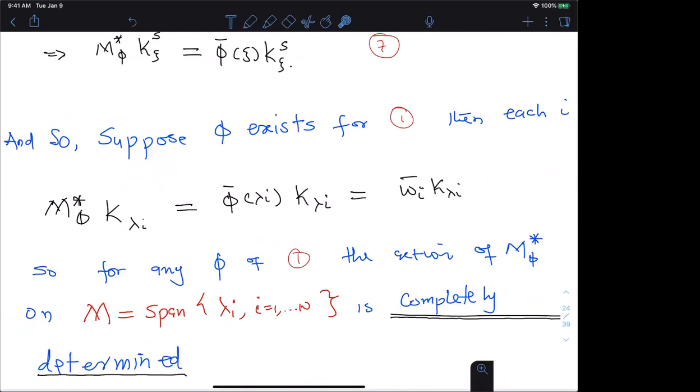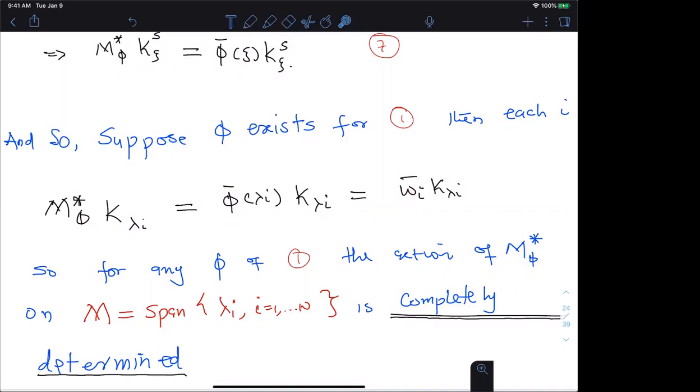And so suppose there exists an interpolating function, then for each i, this is what happens. The adjoint of the multiplication operator associated with the phi function, acting on the kernel element, or now the eigenspace element, is going to give us the conjugate of phi acting on the kernel element, which in actual sense is going to be the conjugate of omega i acting on the kernel element.